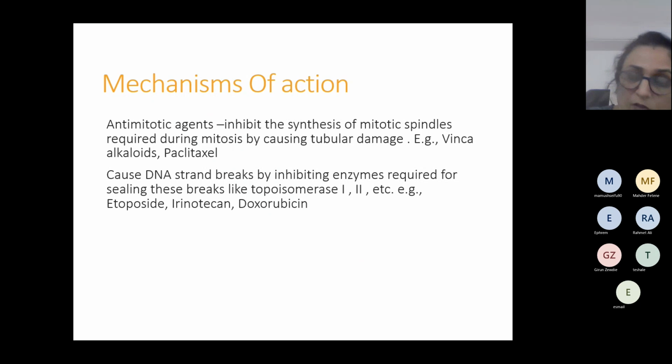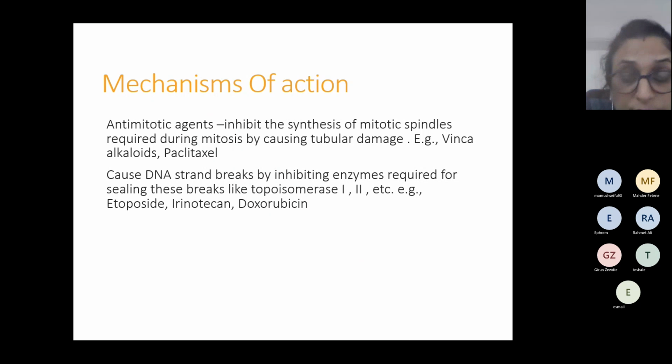The other mode of action of these natural products is that they can cause DNA strand breaks, by inhibiting enzymes required for sealing these breaks like topoisomerase 1 and 2.